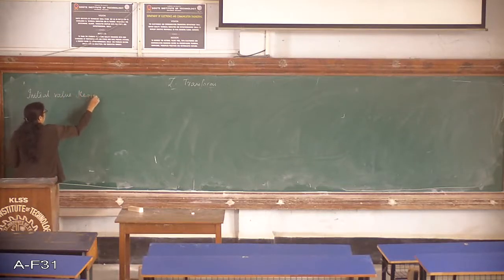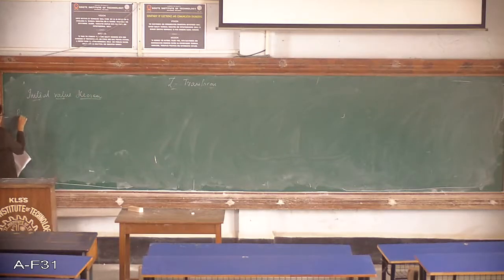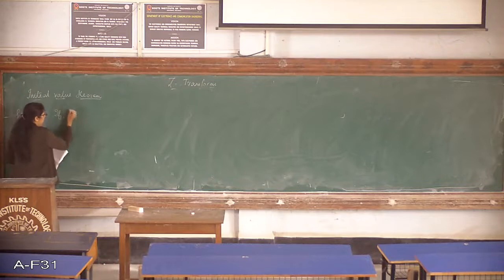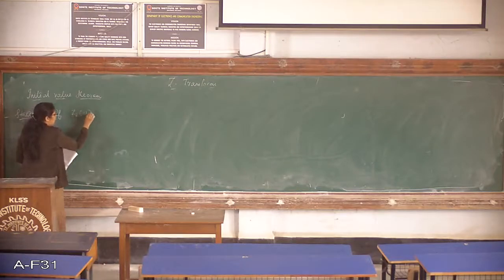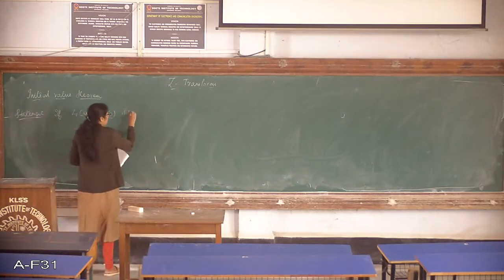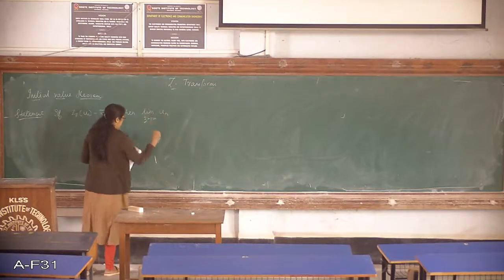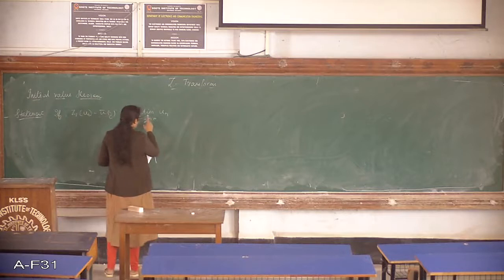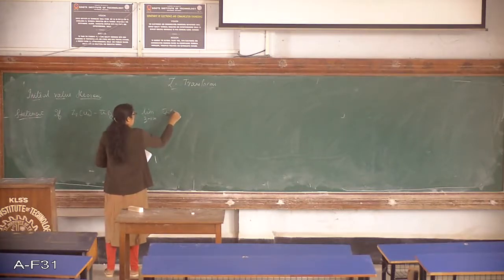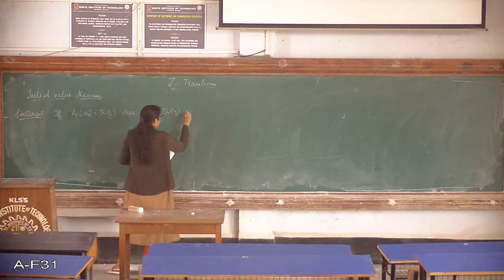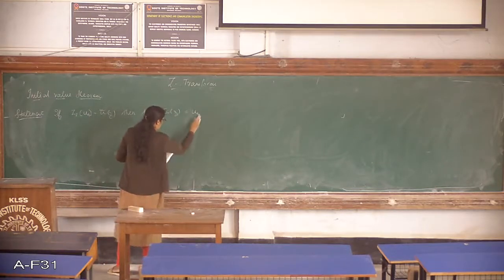How does the statement go? The statement of the theorem goes as, if the Z transform of un is equal to u bar of z, then the limit of u bar of z as z tends to infinity is equal to u naught.